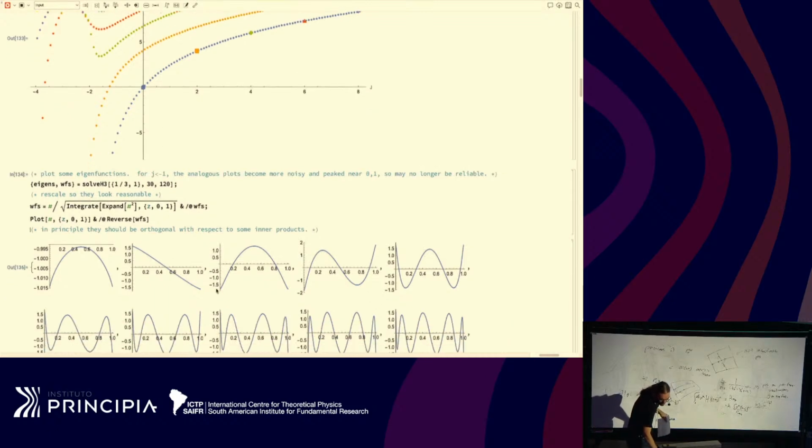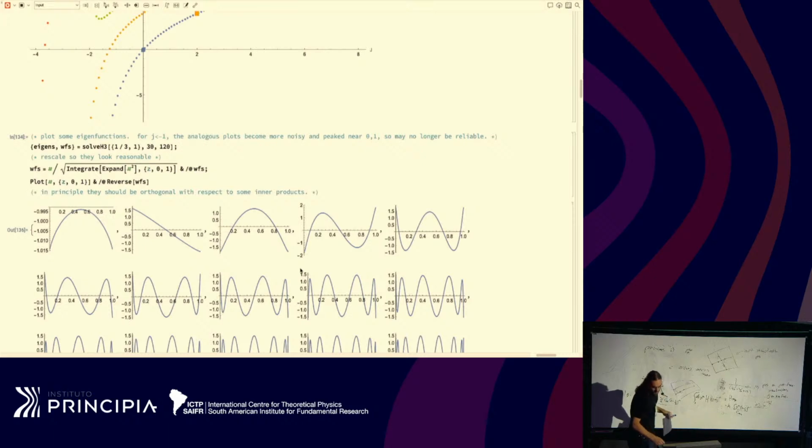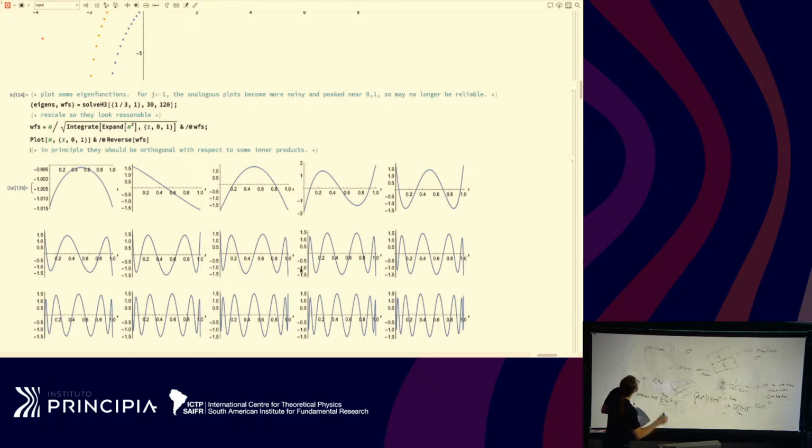If the assumption that the eigenfunctions are regular at the endpoints was not correct, you would see the numerics trying to make crazy polynomials that blow up near the endpoints, because a polynomial of degree 30 has the ability to do that. The fact that it does not do that is evidence that the wave function is actually smooth. Okay, it's a reasonable assumption.